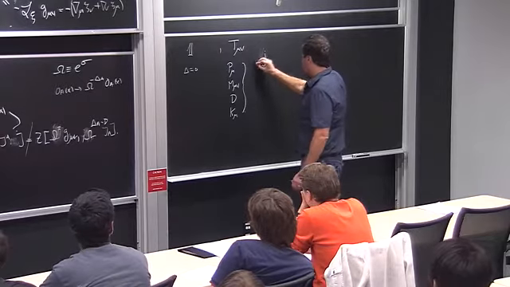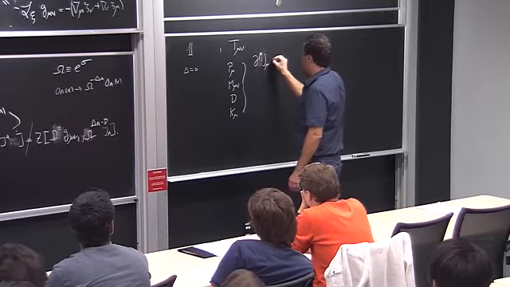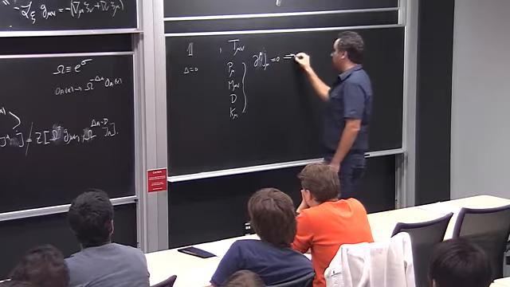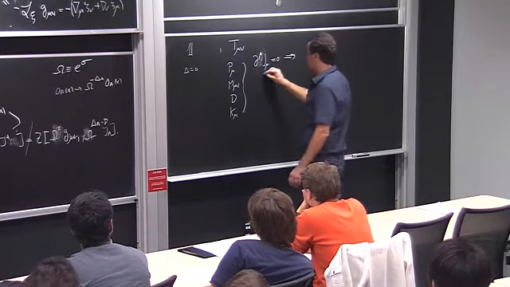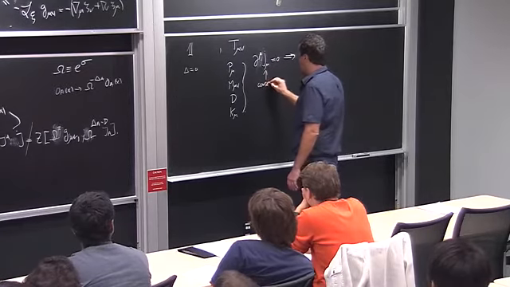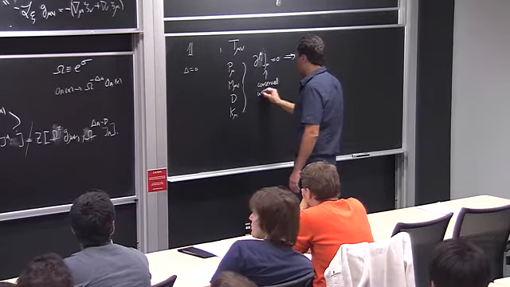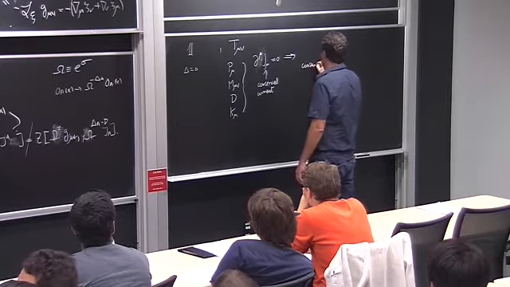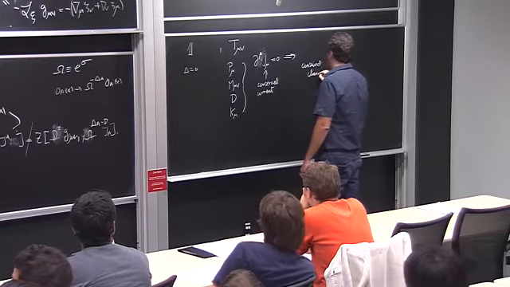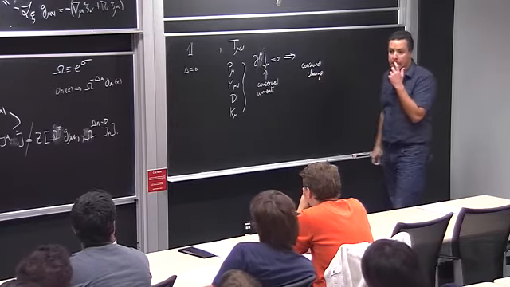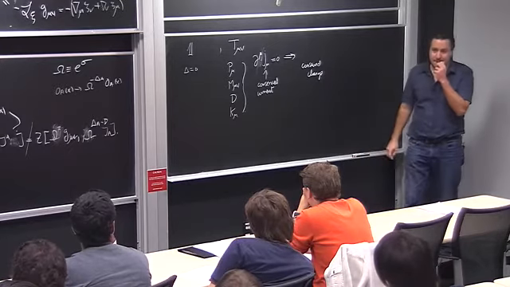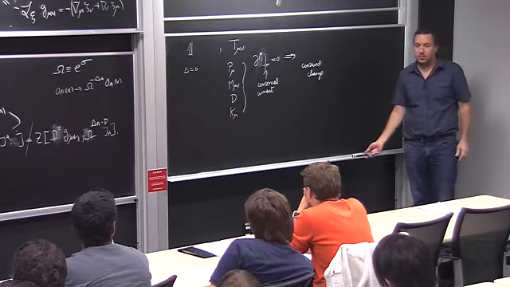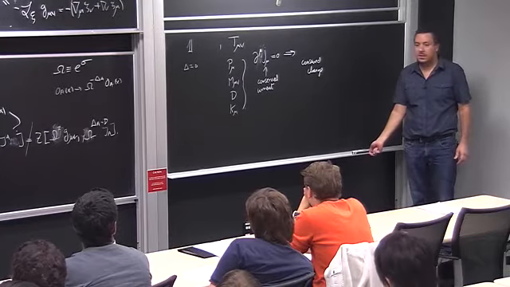And from a conserved current, you construct a conserved charge. How do you construct a conserved charge? Have you seen this in field theory 1? Yeah? Okay, so how do you do it?